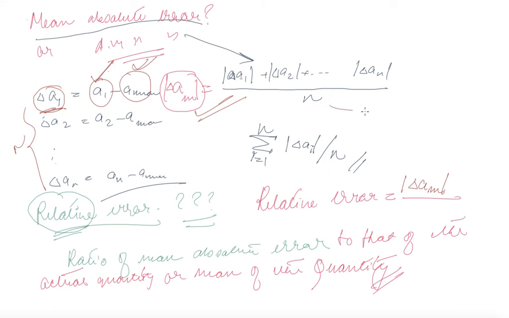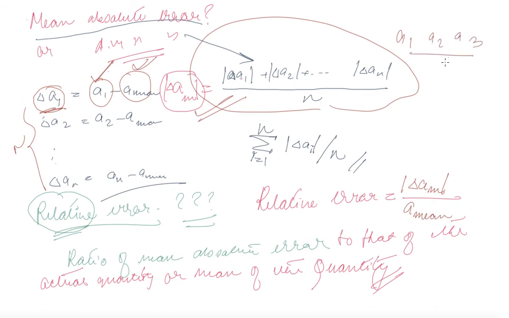So you have the mean absolute value divided by the actual quantity or A mean. You will be given A mean, or you will be given A1, A2, A3, just these quantities. The sum of these quantities divided by the number of terms will give you A mean. In this way, just by having this data, you can easily find the relative error.